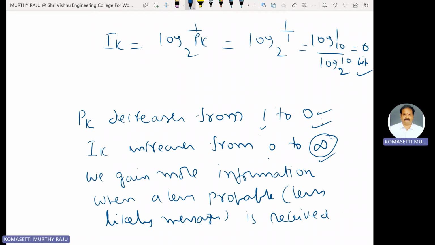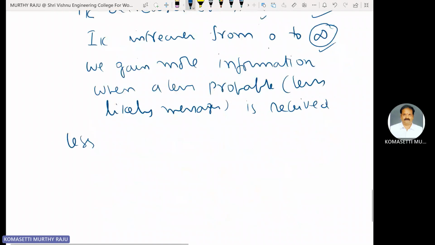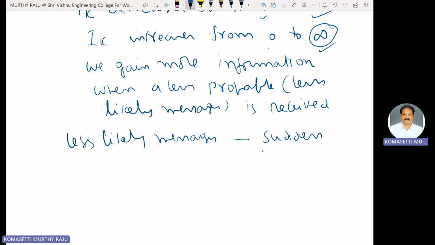And sudden occurred events, less likely messages. That means sudden occurred events, earthquakes like that, carry more information.